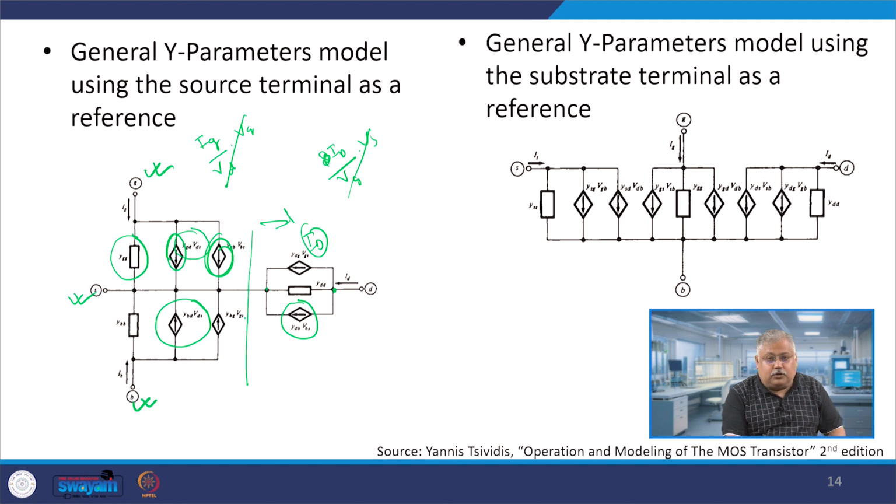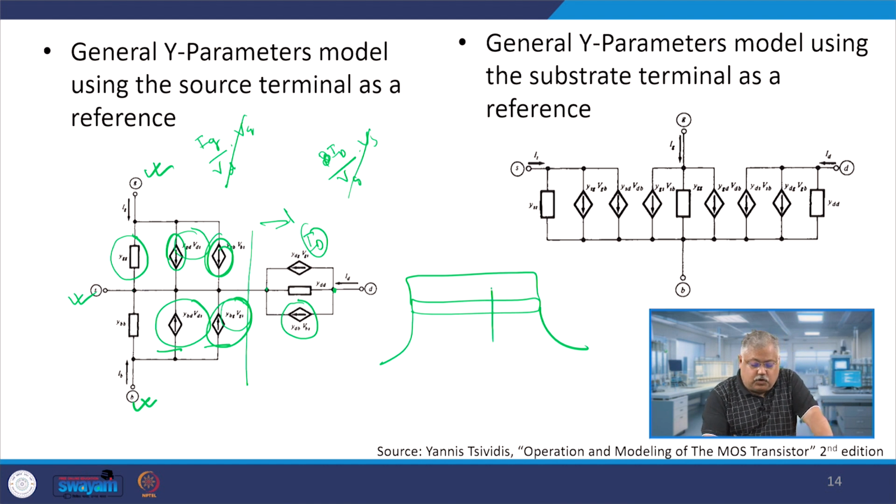And then you will have a bulk to gate current which flows because of VGS. If you compare this with your standard MOS model, the quantity YBG VGS is the current which flows at this stage. These two currents are primarily at this and this. Let me name them X and Y, and this is A and B. What is YBD because of VDS?